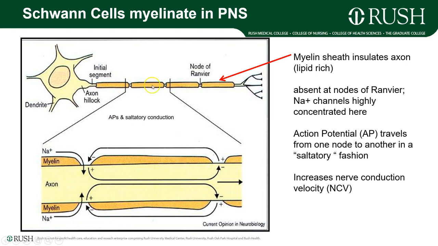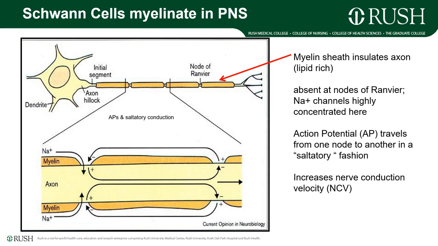When the action potential is traveling from one part of the axon to the other, it's jumping across this gap between the two Schwann cells, which is referred to as a node of Ranvier, and we'll see the structure in a minute.